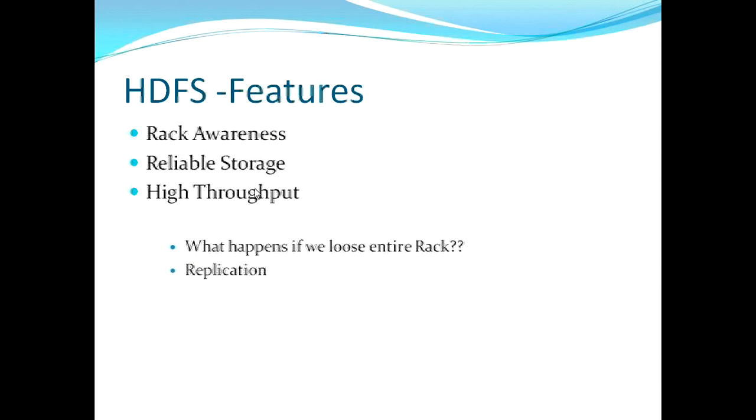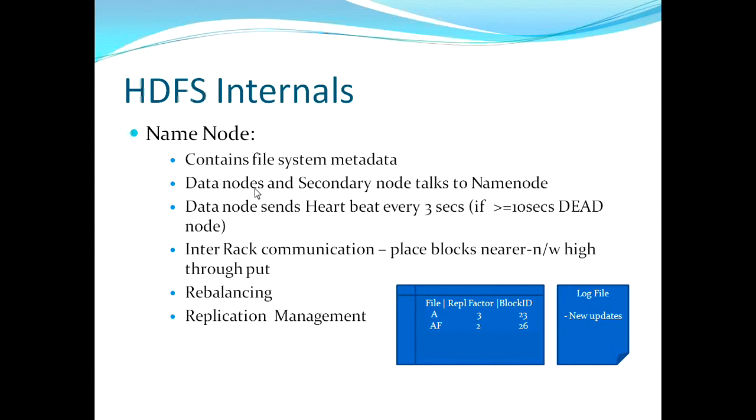If we lose the data, we always have a backup. So it's not a faulty system, it's a fault tolerant, rack aware system. It's reliable, and the replication factor makes it stable without any loss. It also has high throughput, and we'll see later how throughput really matters here.